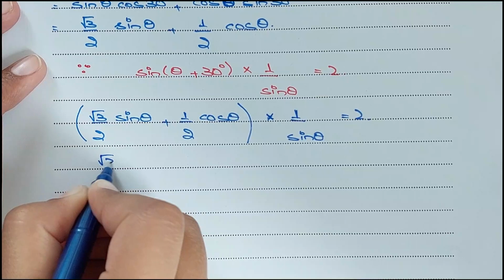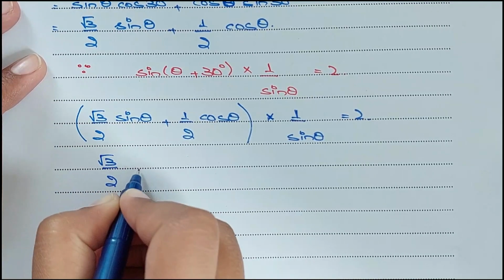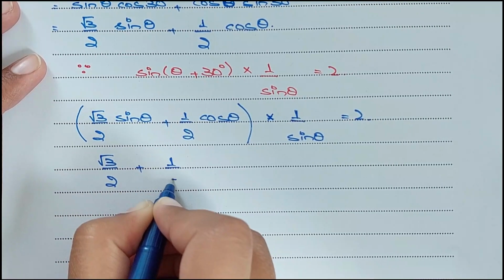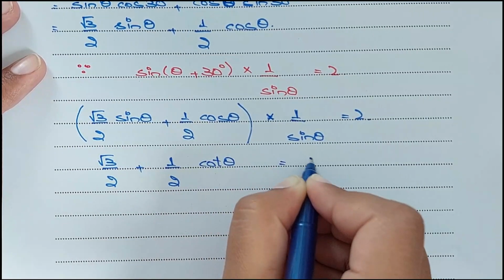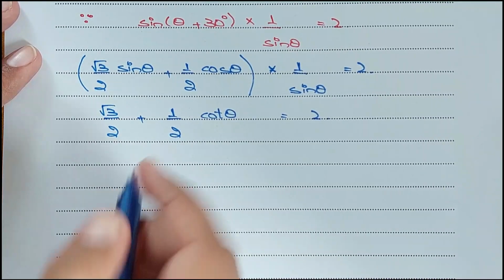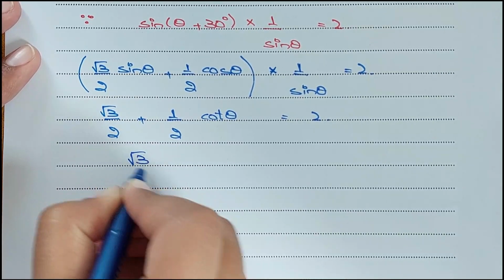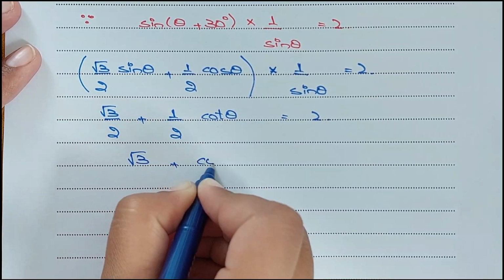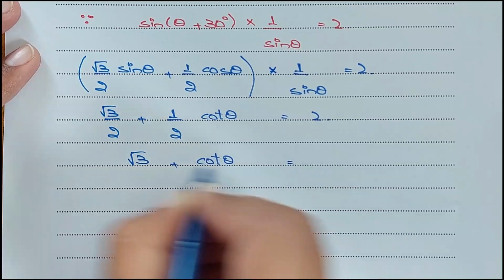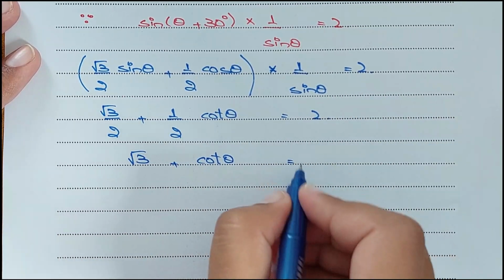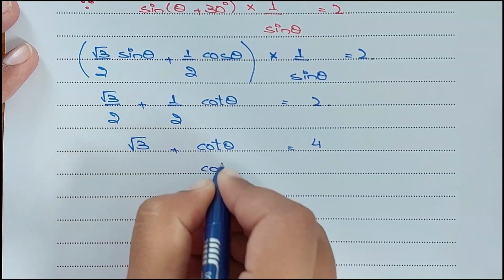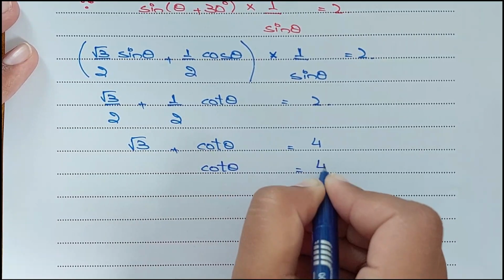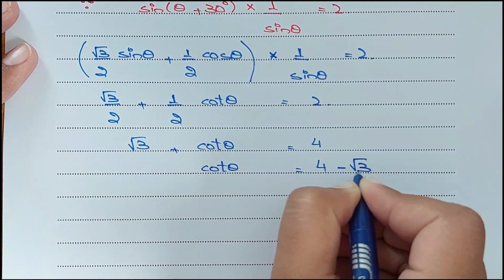We have √3/2, sin θ by sin θ is 1, over 2, cos over sin is cot θ, and this equals 2. Taking 2 common, we have √3 plus cot θ, and 2 multiplies on the other side, so this is 4. So cot θ is 4 minus √3.